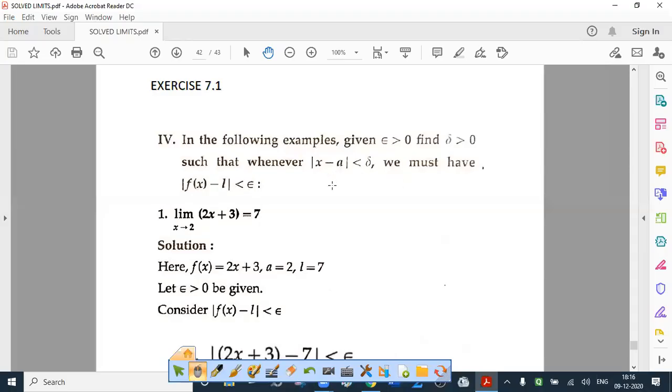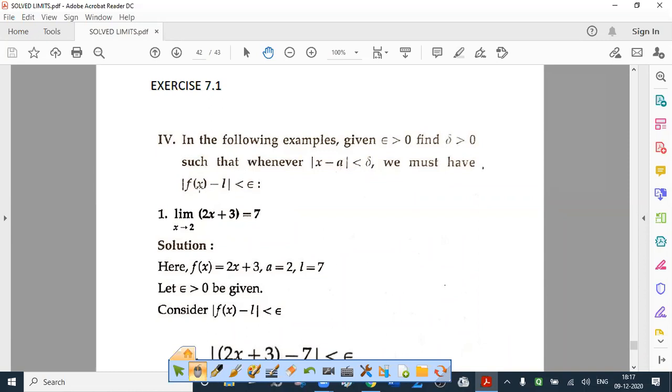Now we will solve four sums which I think we haven't done before. Exercise 7.1, fourth part. In the following examples, given epsilon greater than 0, find delta greater than 0 such that whenever mod of x minus a is less than delta, we must have mod of f of x minus L less than epsilon.